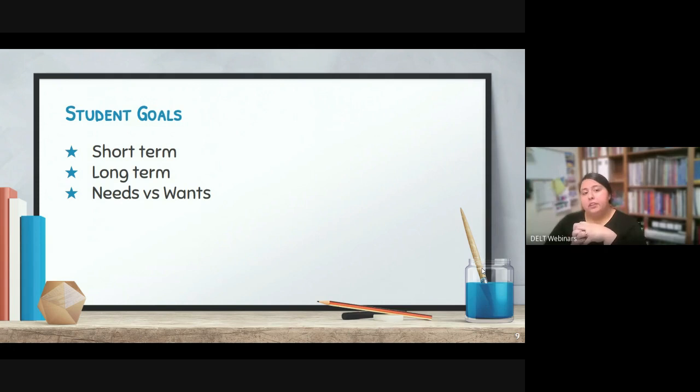And another important thing is focusing on the needs versus wants. We have a lot of students that have a lot of wants, which is great. I'm not saying that wants are horrible, but we also need to focus on what is the need.